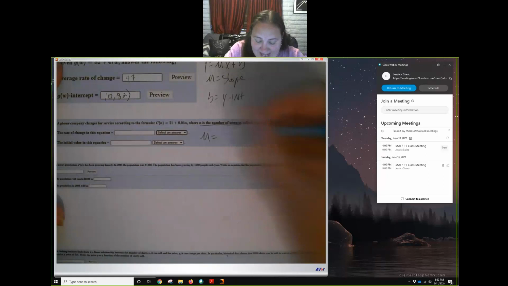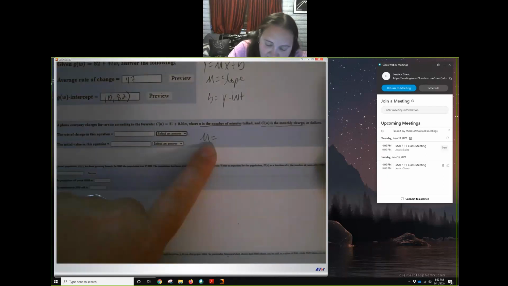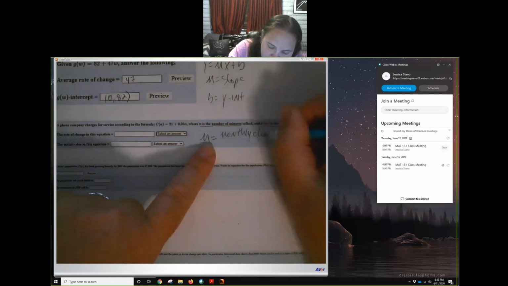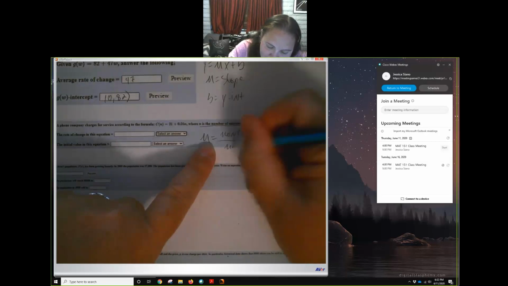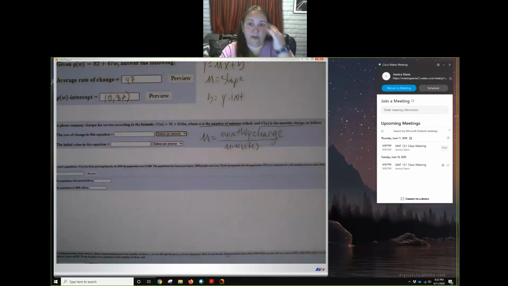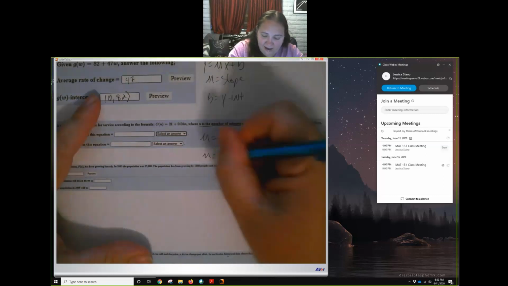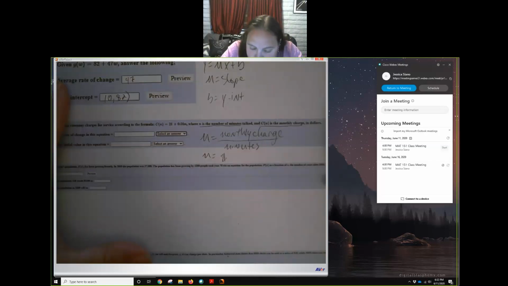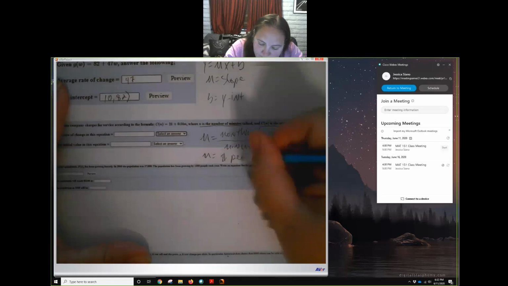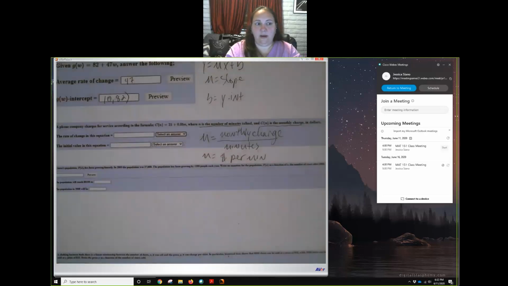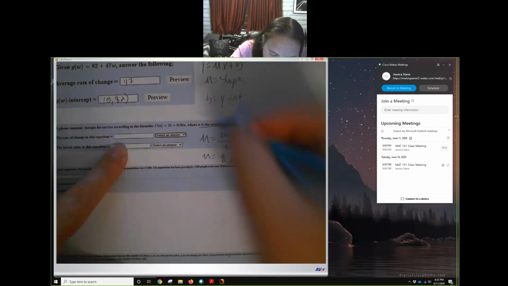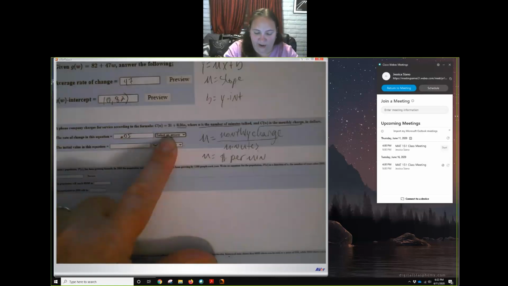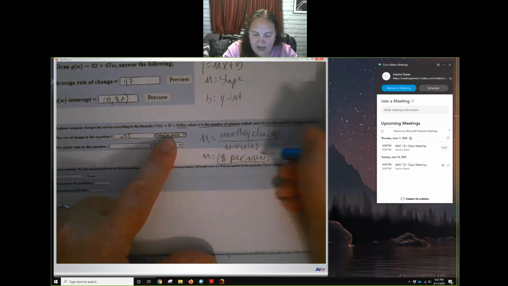So here what we're saying is that my slope is the change in the monthly charge over the change in minutes. Another way to say that is that it is my dollars, because monthly charge is in dollars, right? Per minute. And so the rate of change is just that number attached to the variable, 0.05. And then your select an answer is going to be dollars per minute.